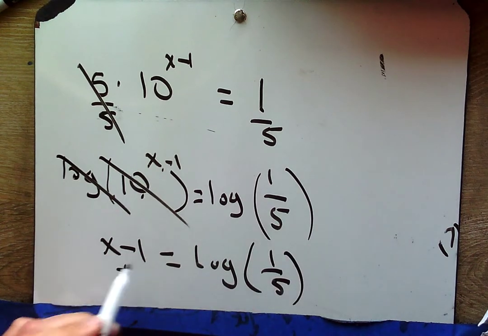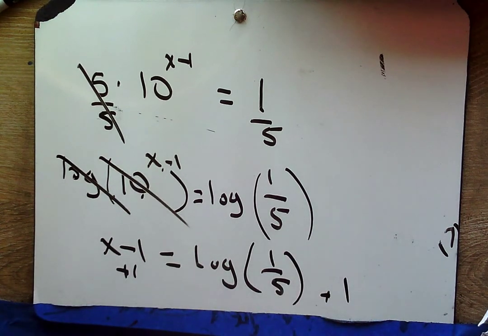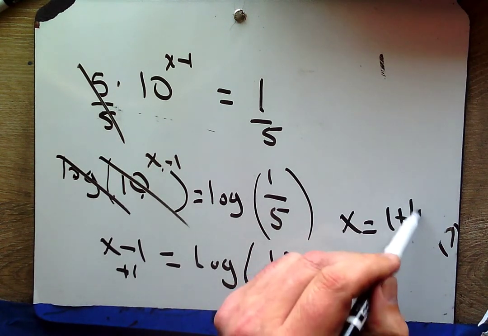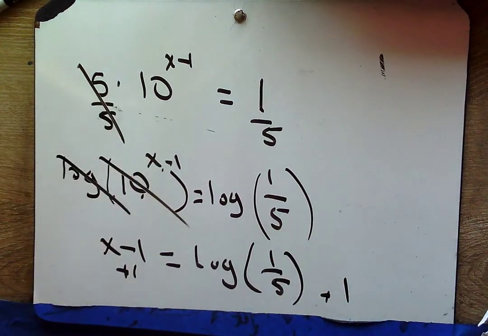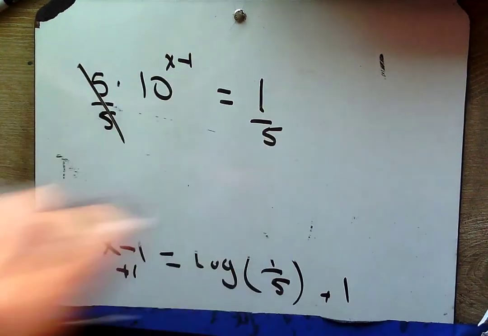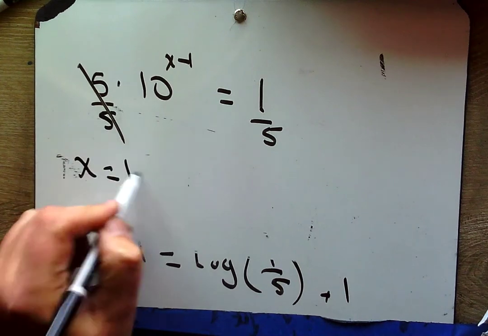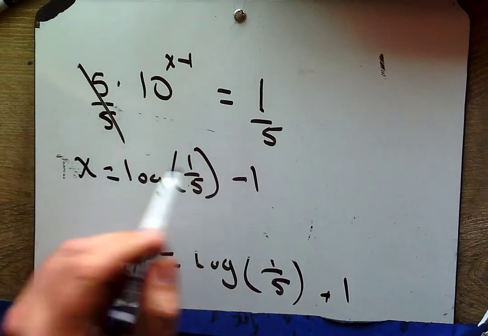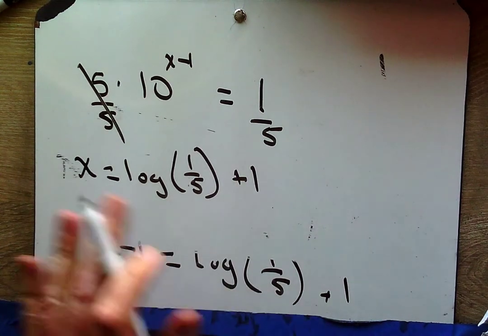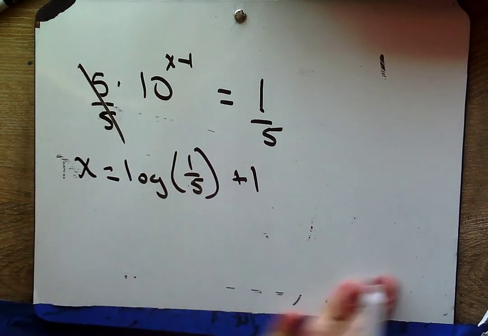And now if I just add 1 to both sides, I'm going to be good to go. x equals 1 plus log of 1/5. Oh, plus 1. We added 1. That's fine. I like that.